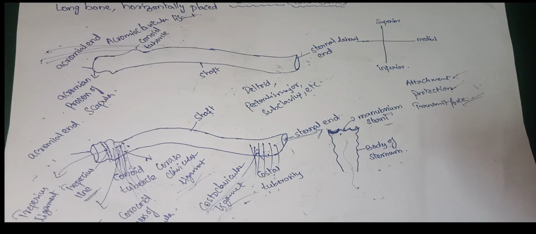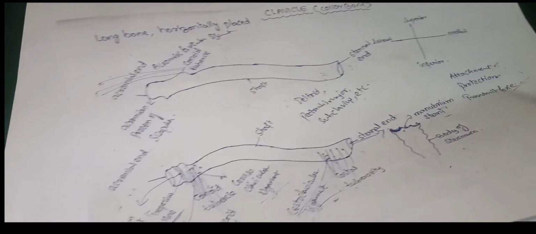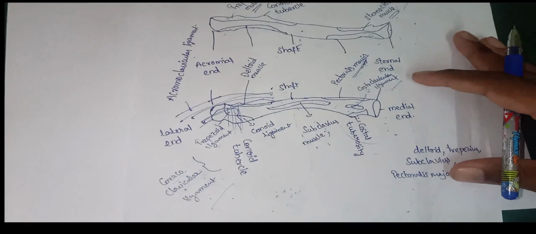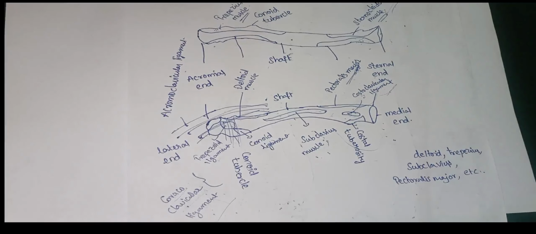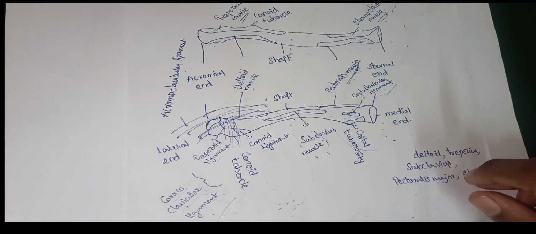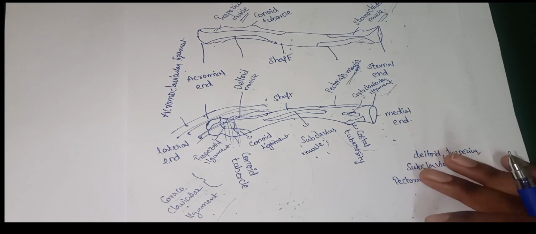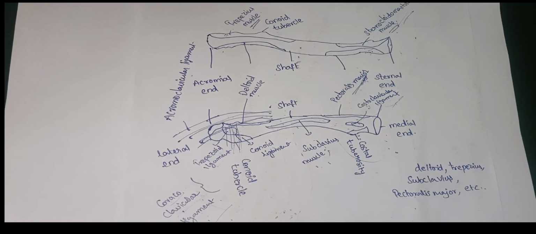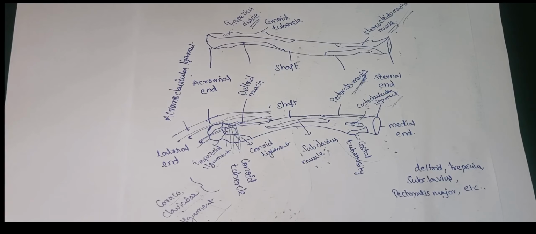Next we are going to learn about the muscle attachments and ligaments attached to the clavicle. The clavicle is a horizontally placed bone in the upper part of the human body.